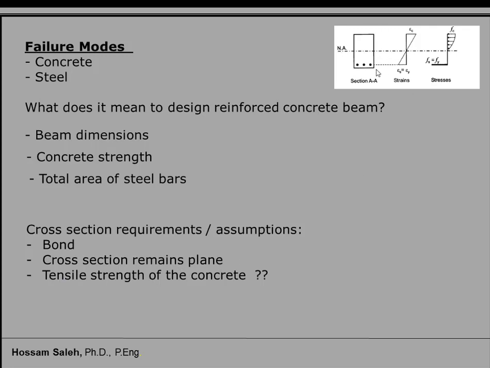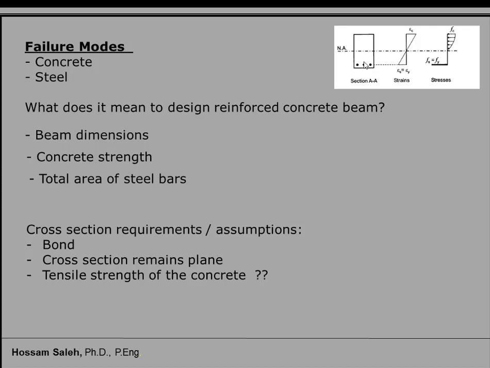If we go to this picture, if I have this cross section again with 3 bars, now I have to assume that the bond between the steel bars and the concrete is full bond. What happens here at this phase will replace or will match the whole section. So I have a full bond between the steel and the concrete.